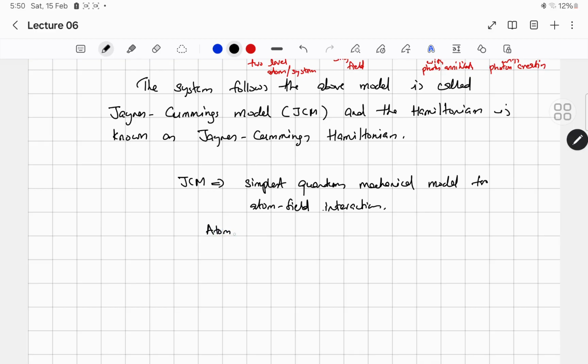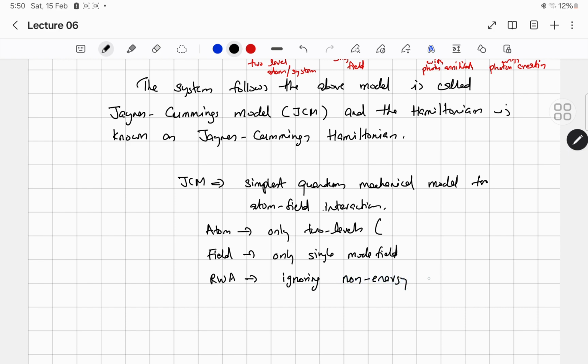We are considering the atom with only two levels, the field with only a single mode, and with the rotating wave approximation it ignores the non-energy conserving terms. These are the starting points to study quantum optics, the interaction between quantized light and a quantum system.